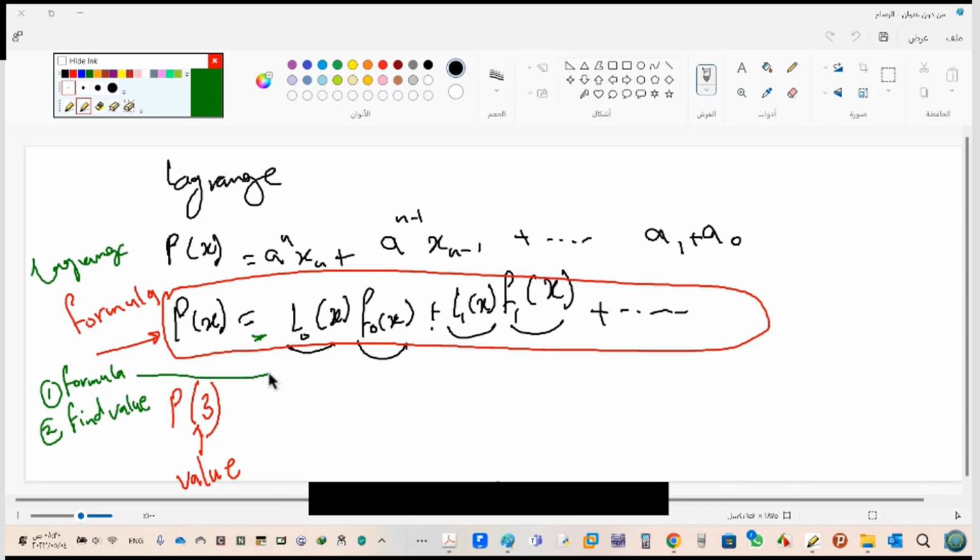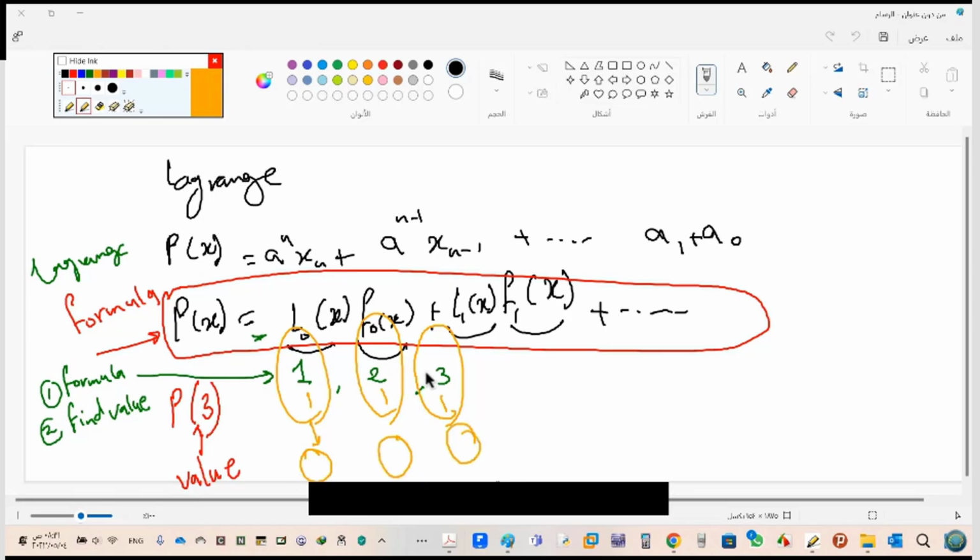And for the formula, sometimes we have degree number 1, degree number 2, degree number 3. So you have to find 3 formulas, 1, 2, 3. So we have 3 values, this one for degree number 1, this one for degree number 2, this one for degree number 3.